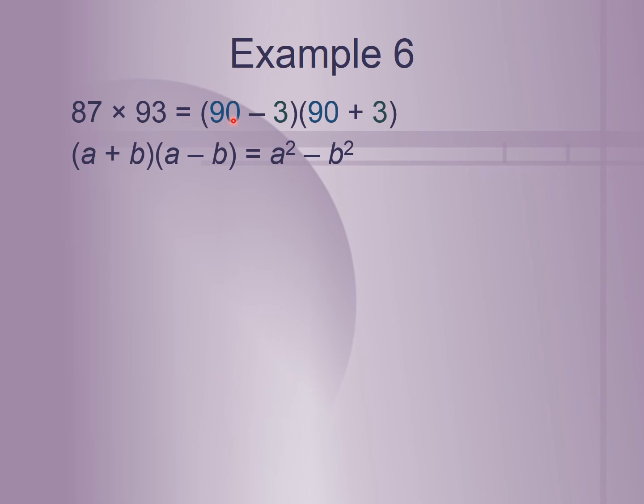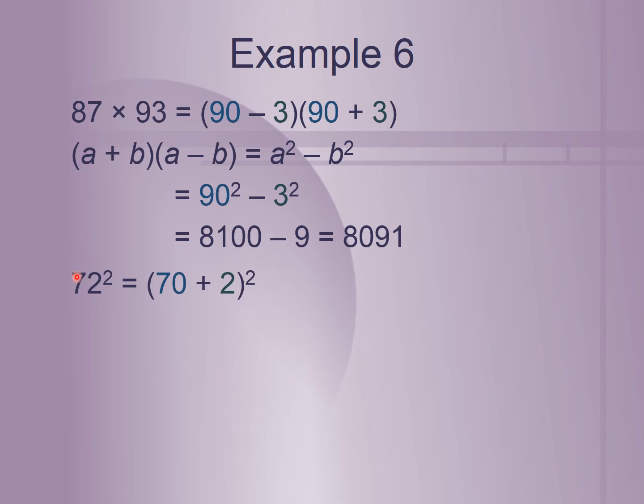So a would be 90 and b would be 3. So 90 squared minus 3 squared, which is 8100 minus 9, which is 8091. So you can see that this was much easier to do mentally than 87 times 93, which we would probably have to use pencil and paper or a calculator.